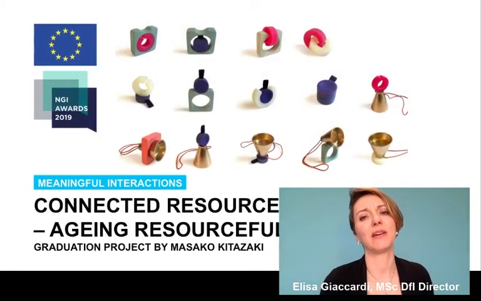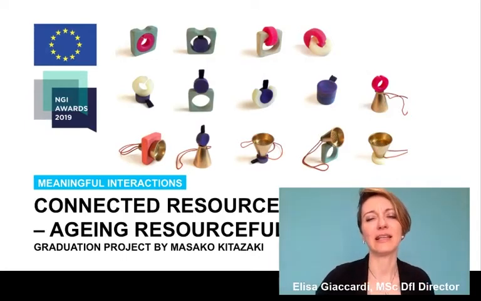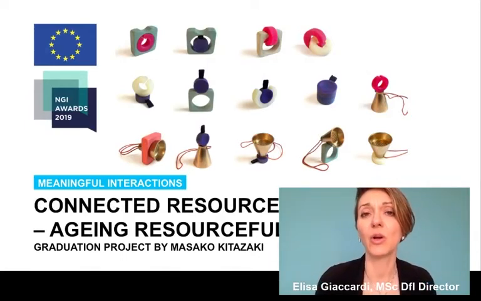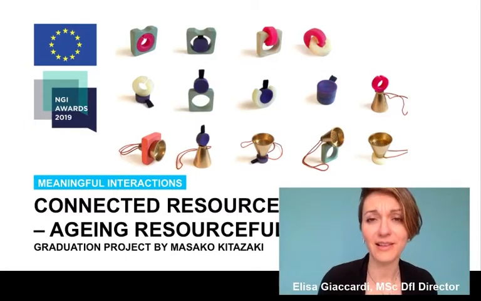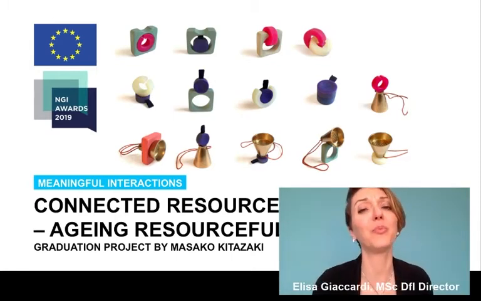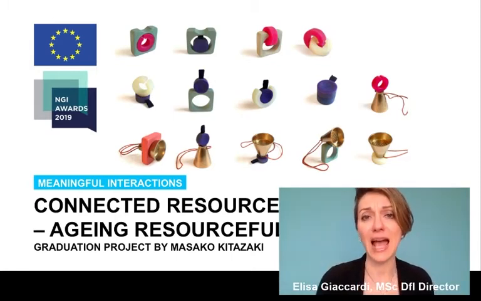Or we look at another project, like in this case, Connected Resources by Masago, who won a Next Generation Internet Award by the European Commission as an example of better digital life.